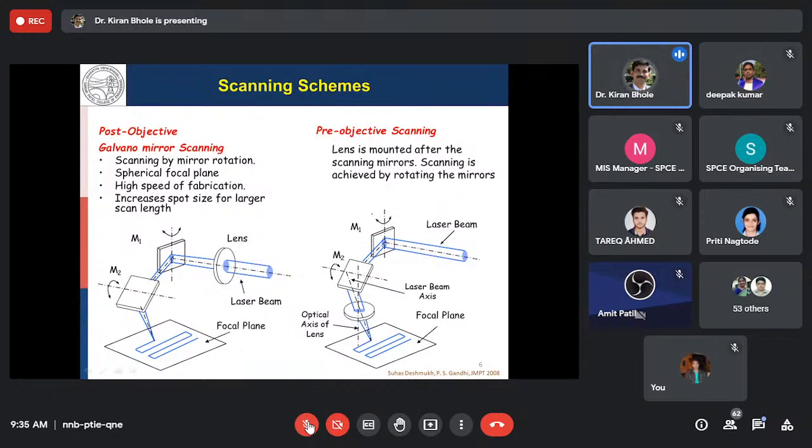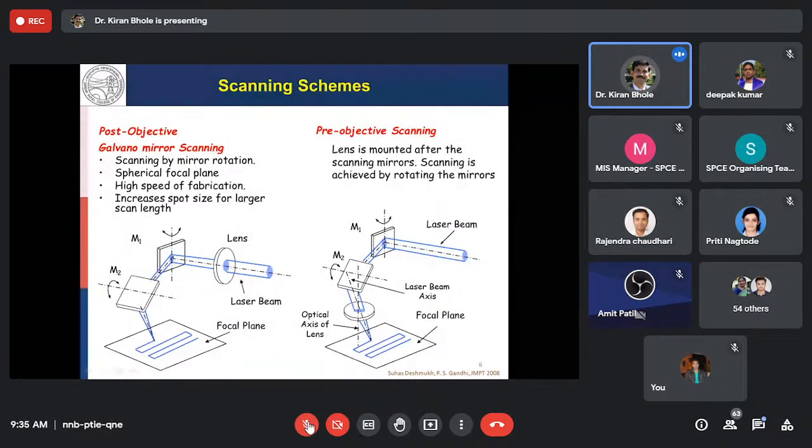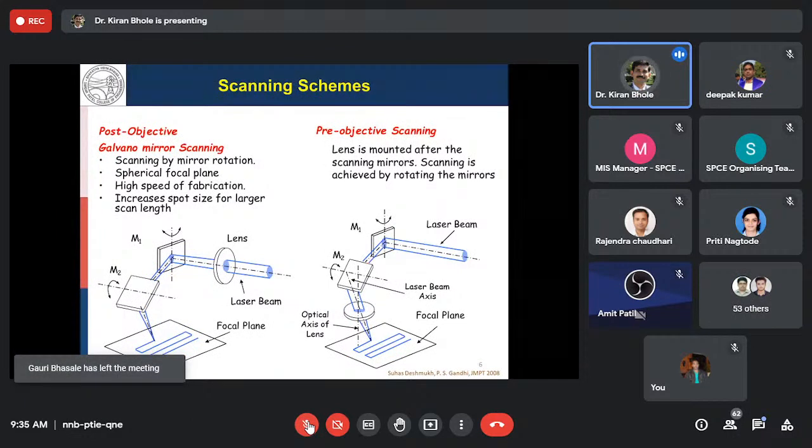The second scanning is pre-objective. In pre-objective, we have the laser beam coming from the laser source, falling onto the mirror and then onto the focusing lens. Again, for scanning of the laser, we are tilting the mirrors M1 and M2. When we are tilting the mirrors M1 and M2, again we get the beam scanned in X and Y direction.